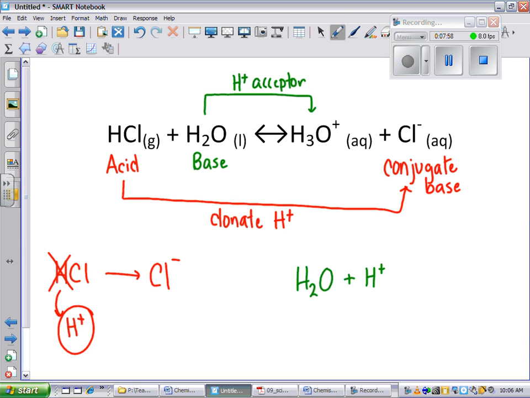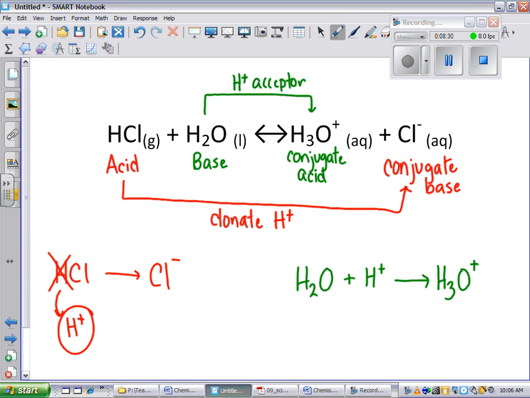And don't forget, bases in baseball will accept the ball, so the water will accept the proton, and it will become, instead of H2O, H3O, because of the extra hydrogen ion. And because the hydrogen ion is positively charged, the charge of the hydronium is also positive. So because the base accepts the proton, it is now going to turn into what we call the conjugate acid.